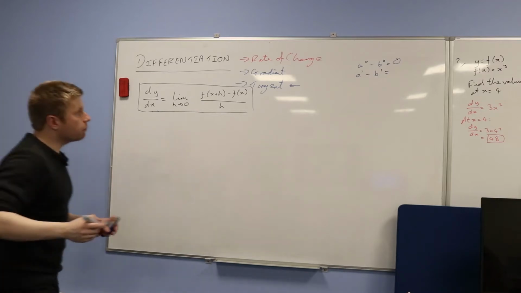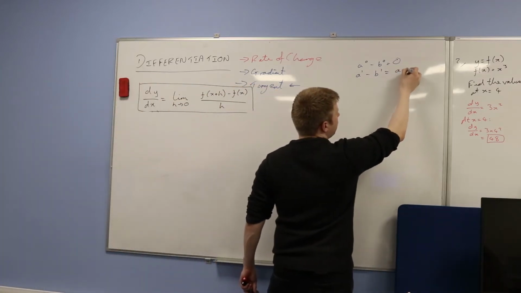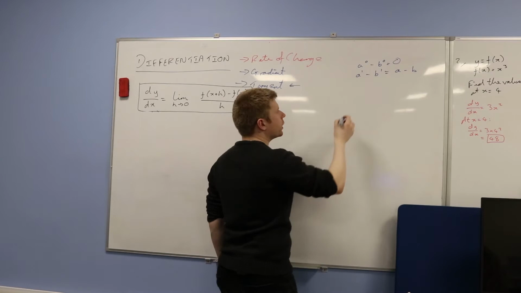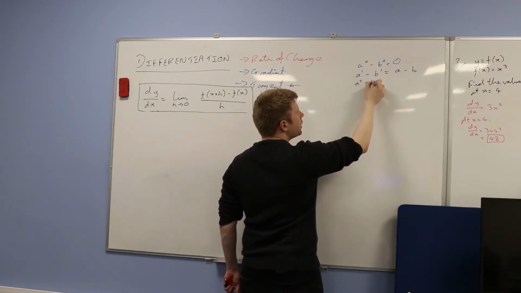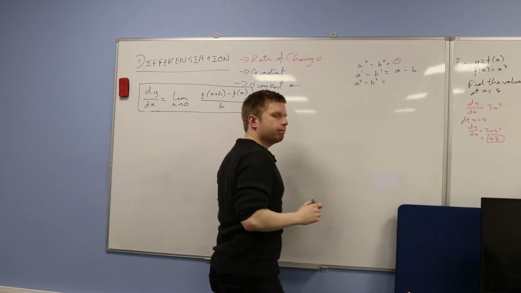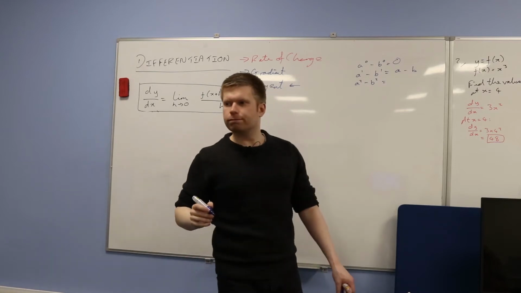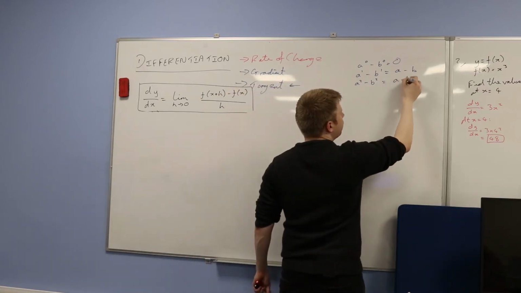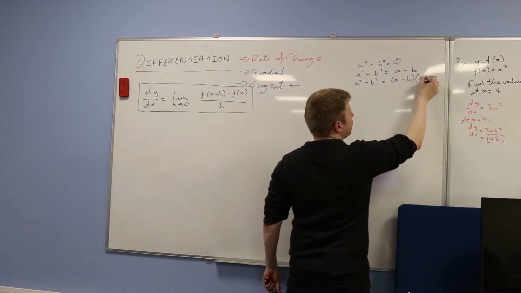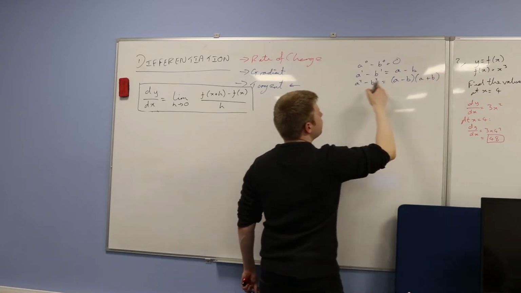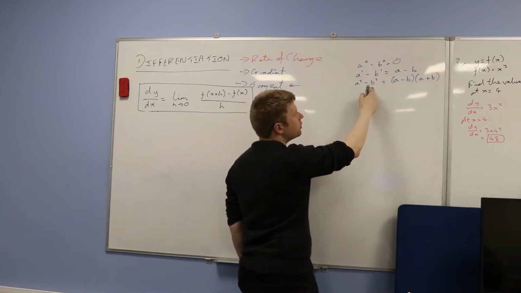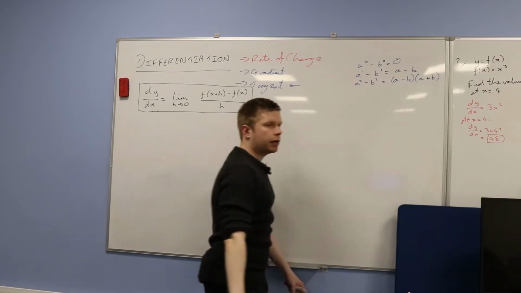A minus b? Yeah, perfect. Okay, a little bit more tricky. What about a squared minus b squared? A minus b multiplied with a plus b. Perfect. You should remember that from maybe lower level. That's just difference of two squares. Square number, take them away, factorise it like that.